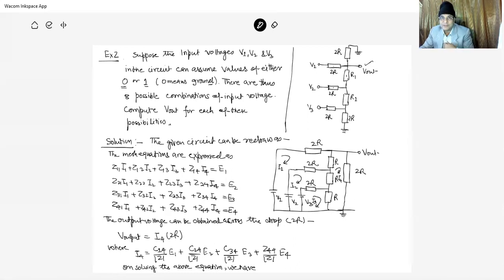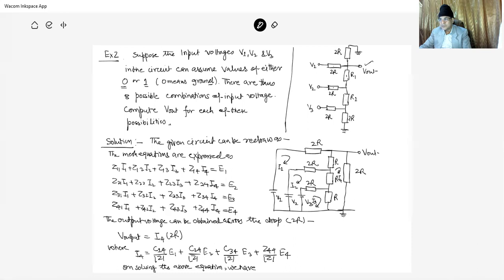Again, I'm repeating, this one is important for students from the electronics group, because of 0 and 1 in digital electronics, they have to study the digital part extensively. So what will happen? You see, if we connect the sources V1, V2, V3, three sources, to the network, then we have 3 mesh equations, I1, I2, and I3.